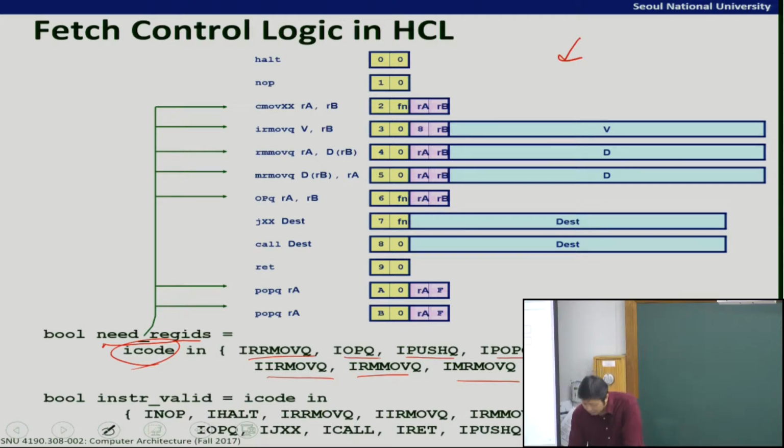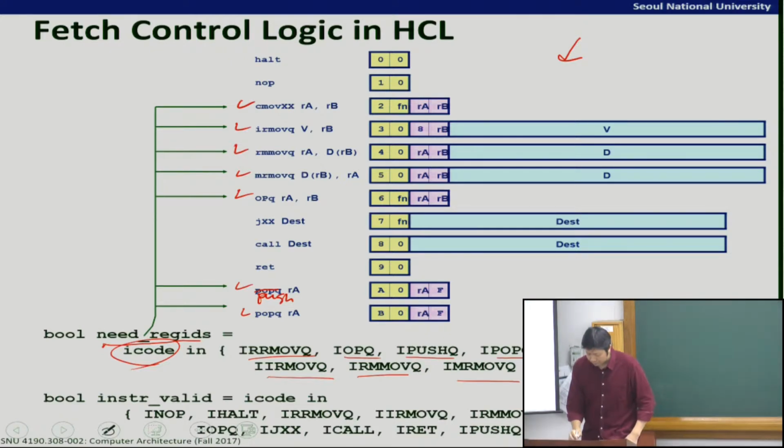This conditional move, IR move, RM move, MR move, OPQ, push Q and pop Q. Sorry, one of these is push. So only those check-marked instructions require a register specifier. So this one generates a 1-bit output, which becomes true if the instruction is one of these instructions.